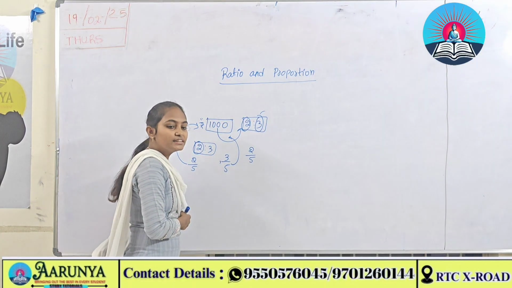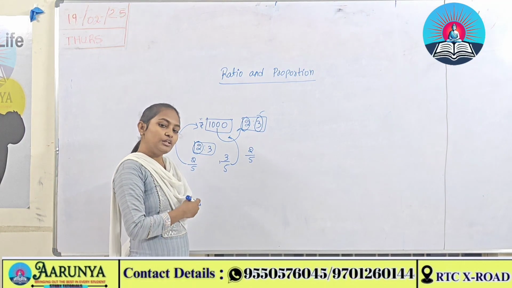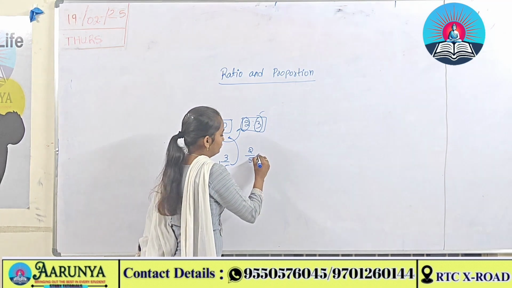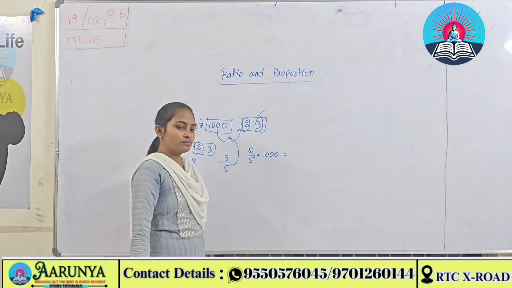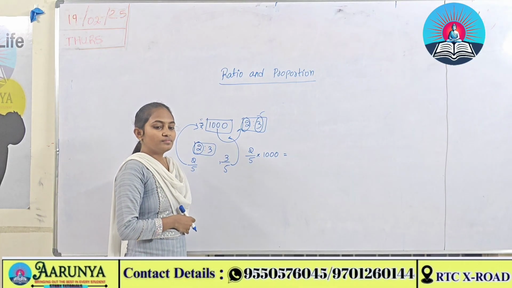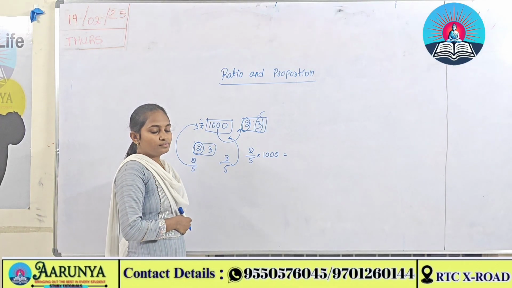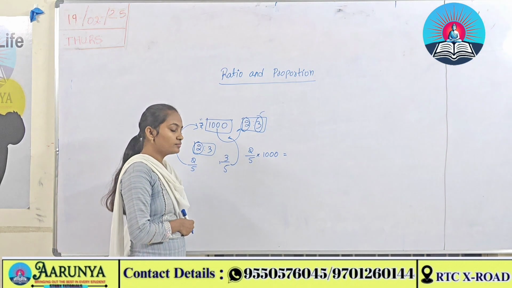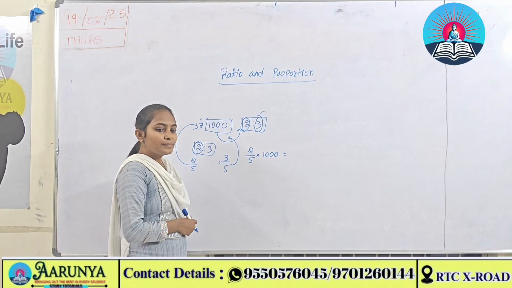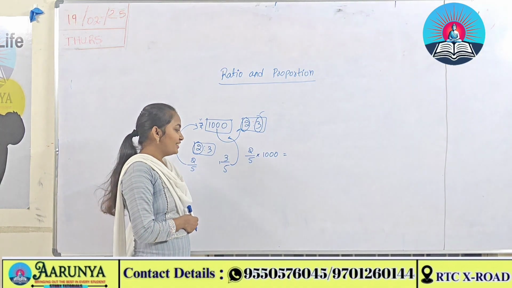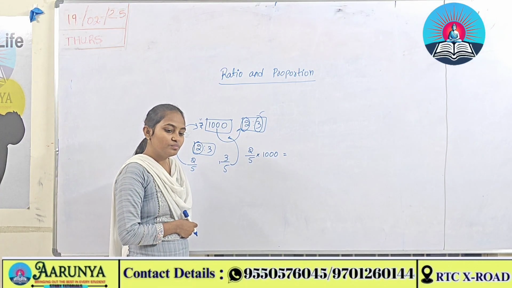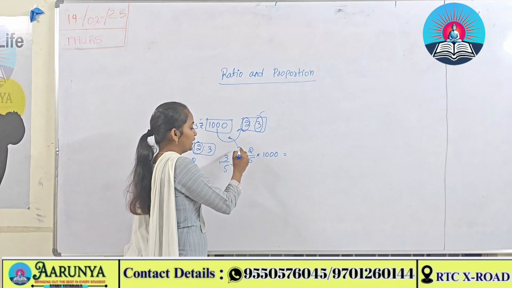How can we write 2 by 5 into 1000? Take paper, pen. 2 by 5 into 1000.